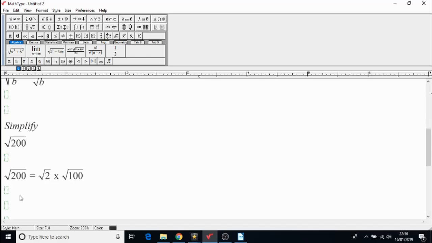So for the square root of 100, what number times by itself to get 100? 10. 10 times 10 is equal to 100. So you've worked out the square root of 100. That's equal to 10.